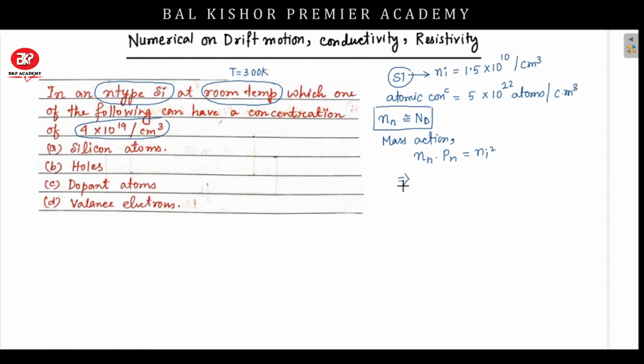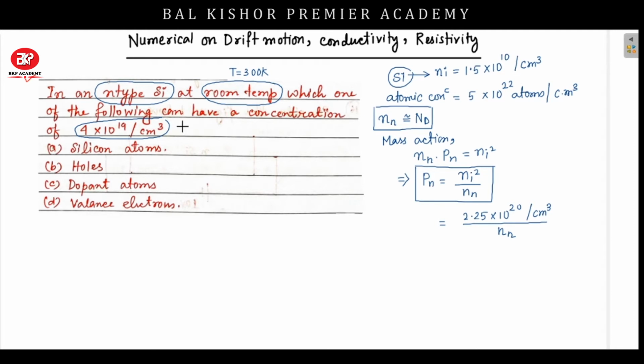So Pn, the hole concentration, is Ni square divided by Nn. This is the equation for the holes in the semiconductor, and we know the value of Ni is 1.5. If we square it, it will be 2.25 into 10 to the power 20 per centimeter cube, and in the denominator it will be the electron concentration.